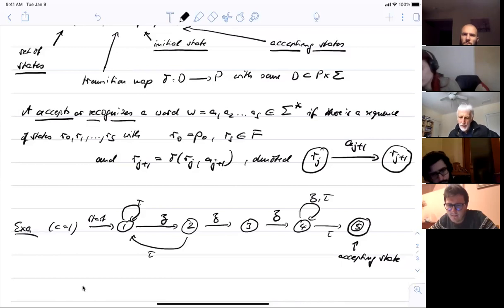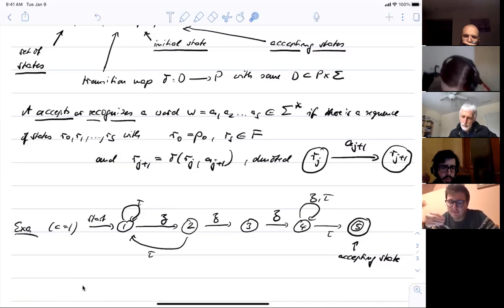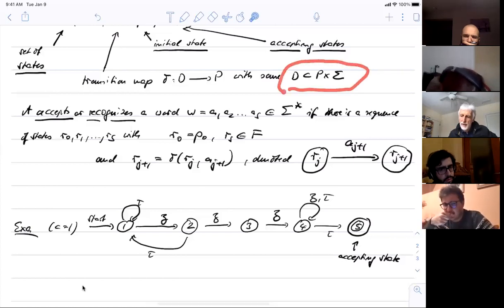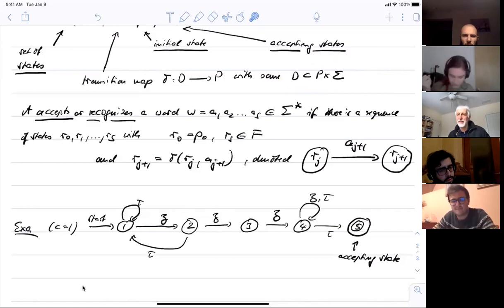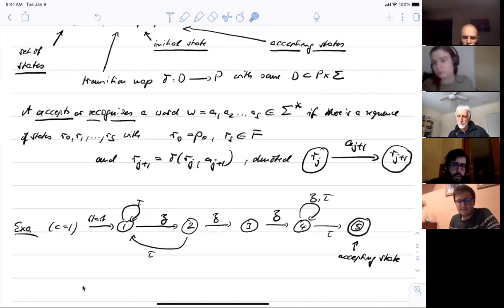But from 4 with tau, you can go to 4 and also to 5, right? So yes, because I made my domain the tuples of state and letter. Right here, the state is always 4, but the letter is different. Okay, thank you. Thanks for asking it. This is good.